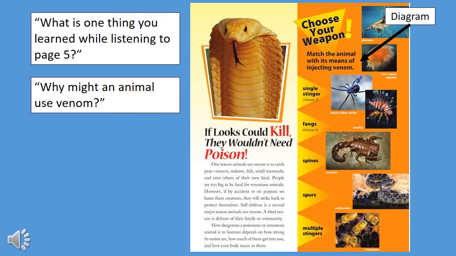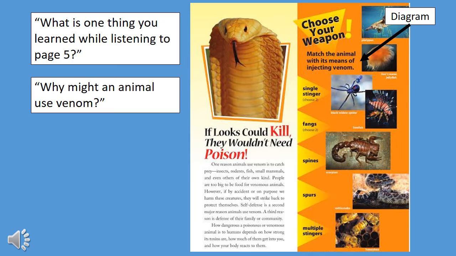Self-defense is a second major reason animals use venom. A third reason is defense of their family or community. How dangerous a poisonous or venomous animal is to humans depends on how strong its toxins are, how much of them get into you, and how your body reacts to them.